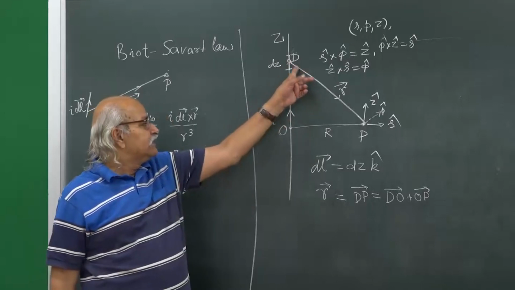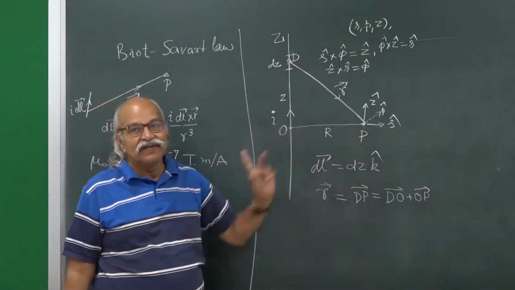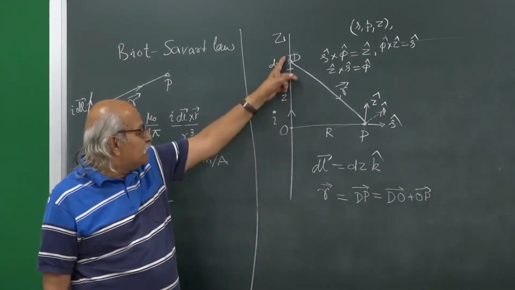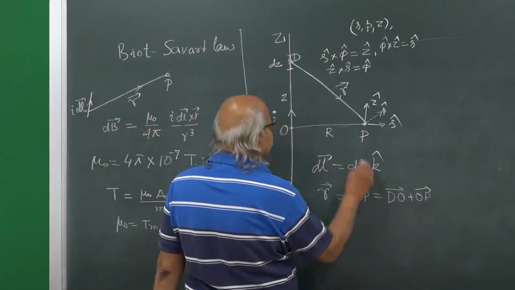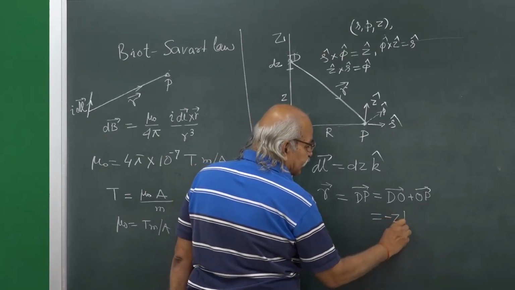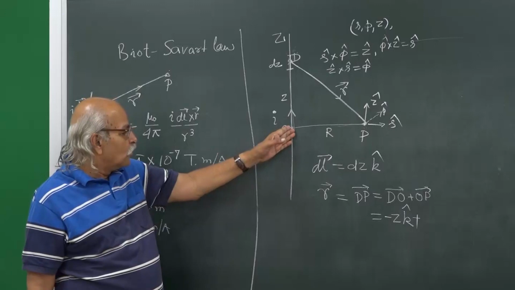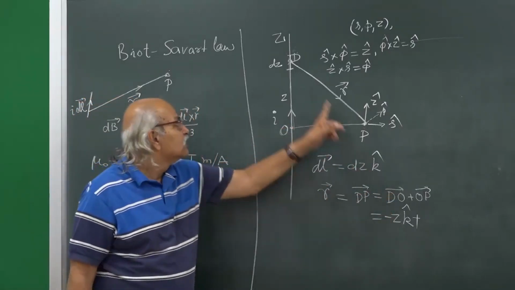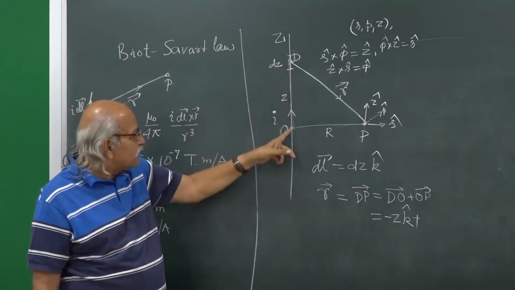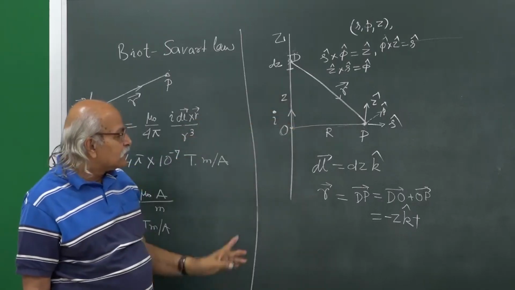And this DO vector, d to o, is minus z, z is the magnitude, it is in downward direction. So, minus z k cap and plus OP.